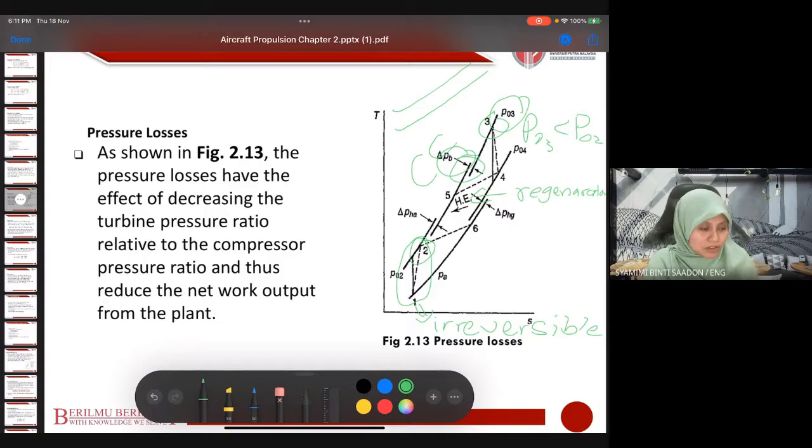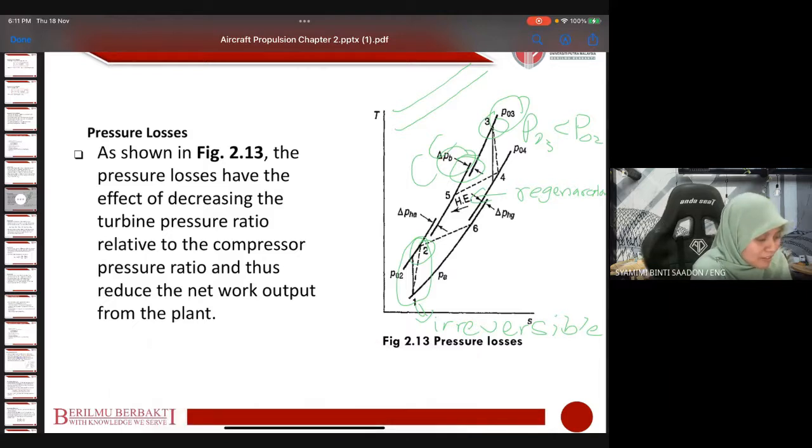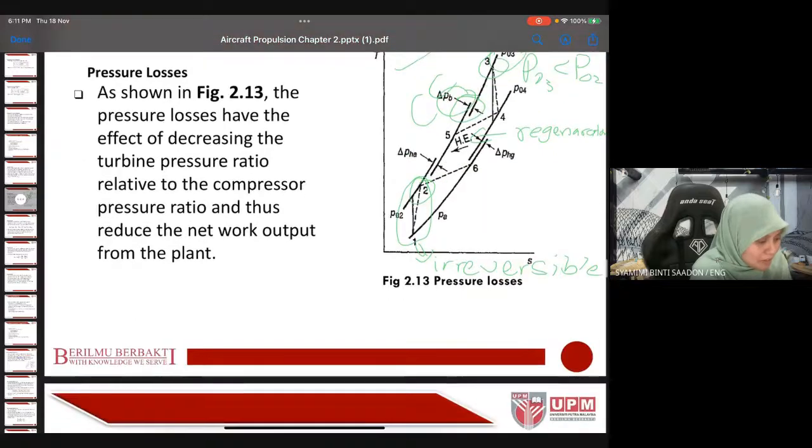If the total pressure PO3 is less, it means a decrease, and thus the net work output, which is the work produced by the turbine expansion process minus the work used by the compressor, will decrease as well, because the pressure at the inlet of the turbine, PO3, is decreasing. So that is one thing, and it reduces the net work output from the plant.